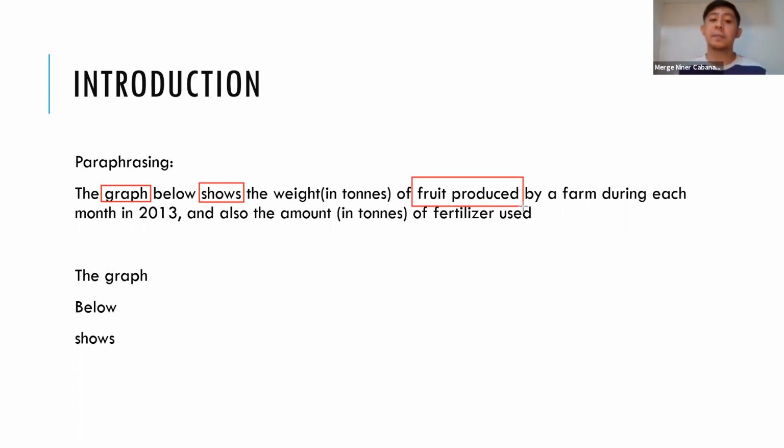You will be coming up with other terms. So for the first 3 words that we see, the graph below shows, we will be paraphrasing and coming up with a legitimate introduction for this type of question.